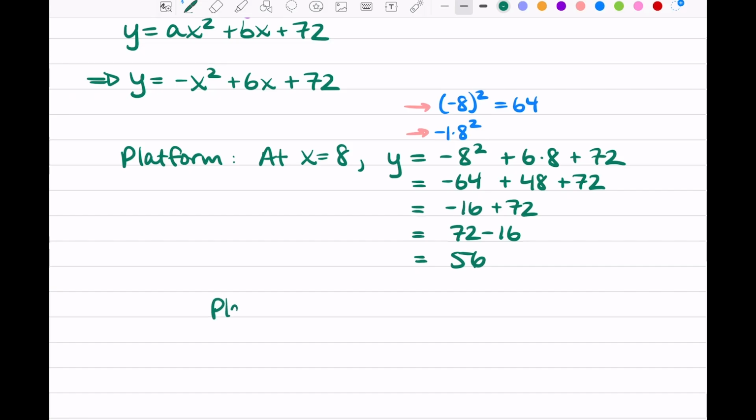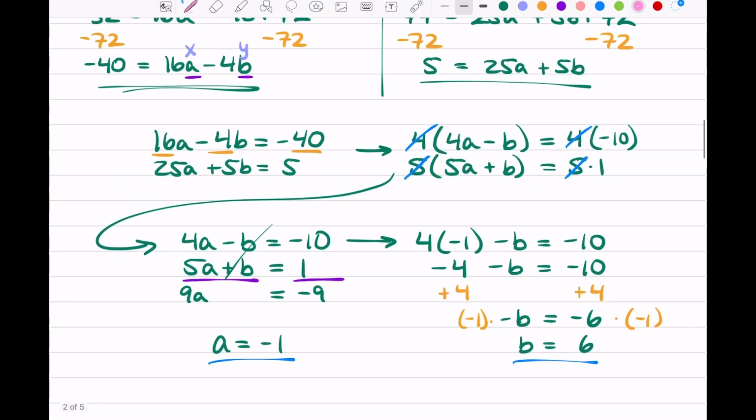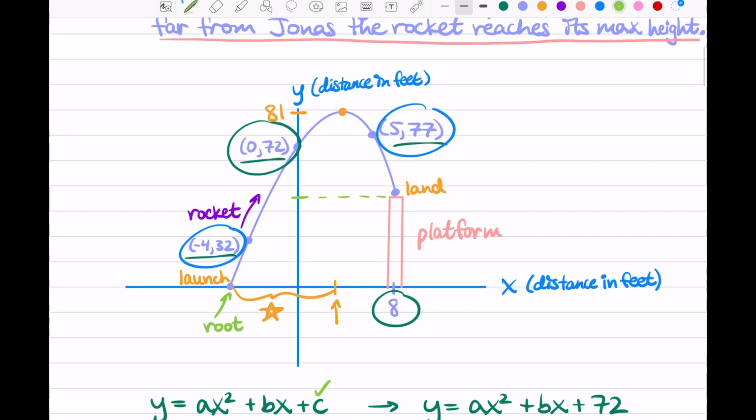So our platform is 56 feet high. So that was our first question, the height of the platform. We just found that it's 56 feet high.